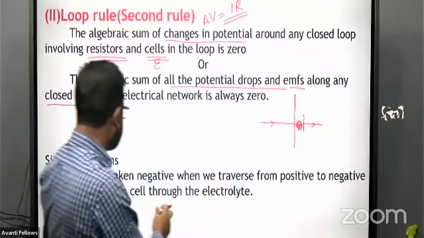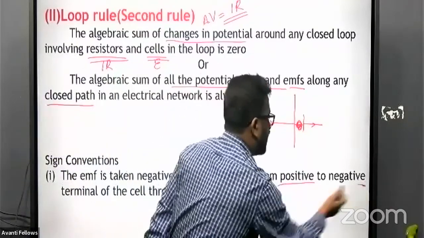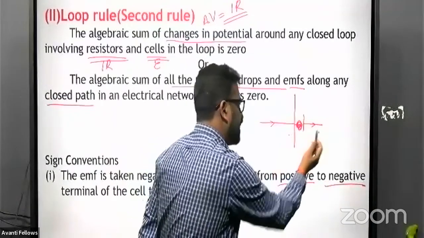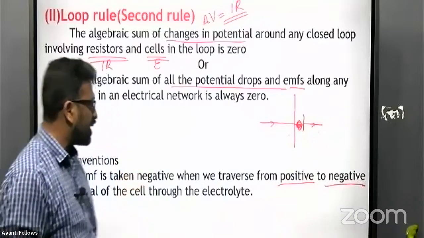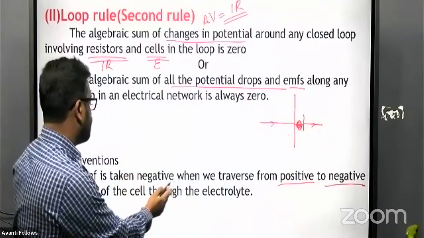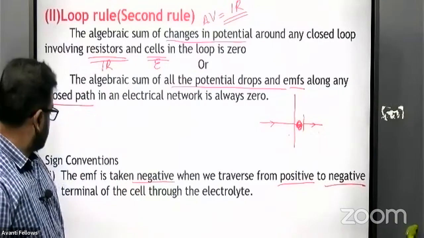So when we traverse from positive to negative through the electrolyte, then the EMF will be taken negative. Clear?